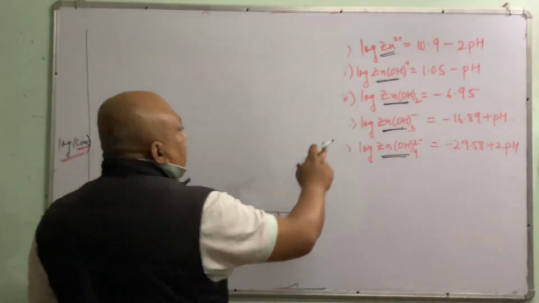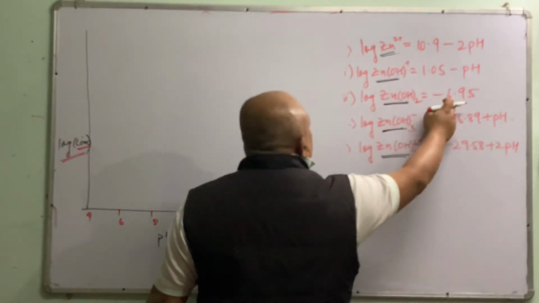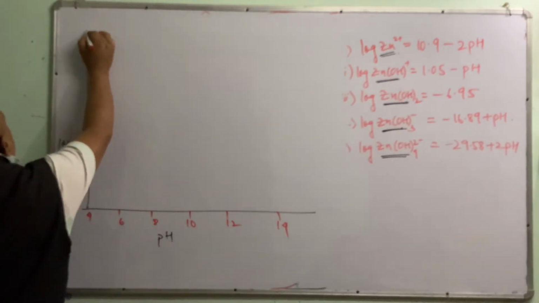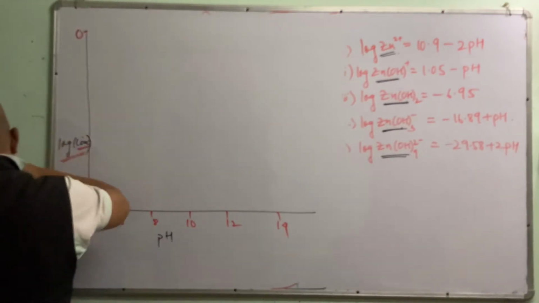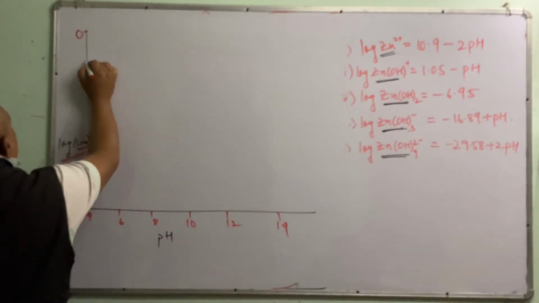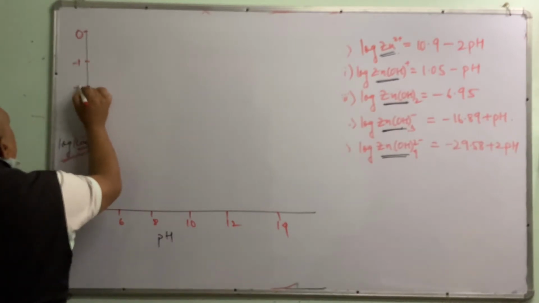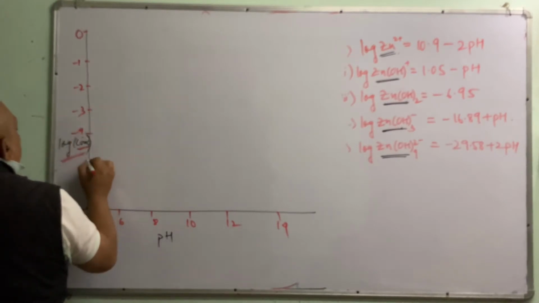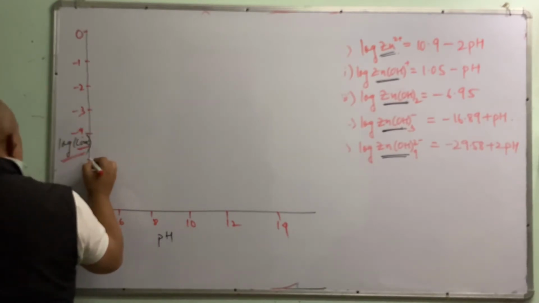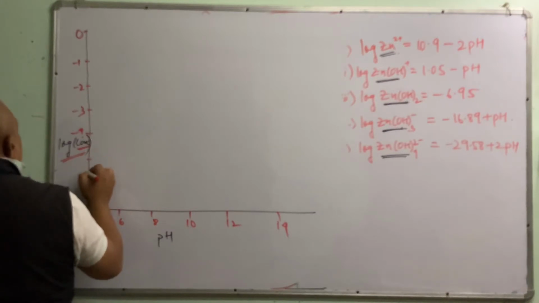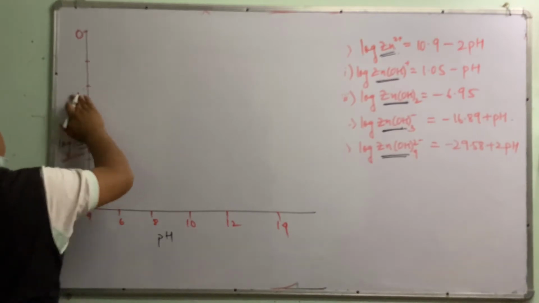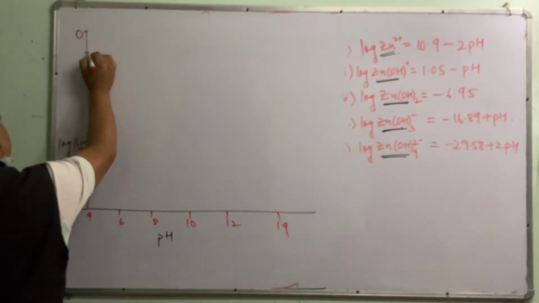Simple thing. Log of Zn(OH)2 is going to be minus 6.95. So over here, the maximum will be from 0. So you make it 0, minus 1, minus 2, minus 3, minus 4. Oh, this is going to be a little bit smaller, so let me make it from here.